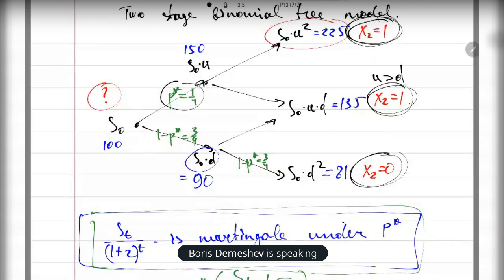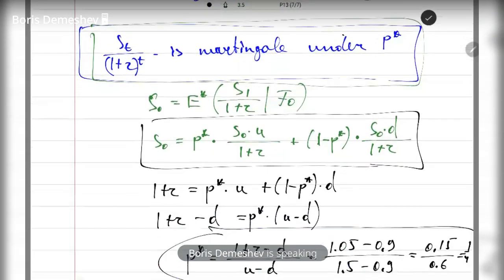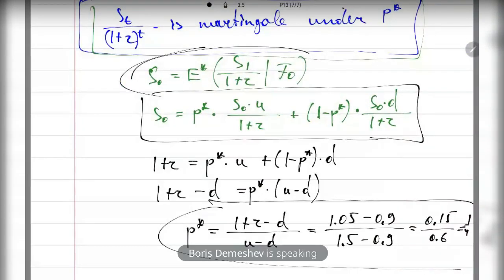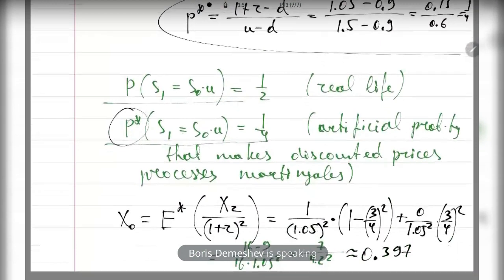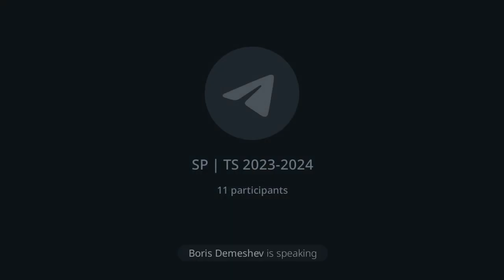We calculate final prices of an asset, and we calculate the discounted price of any European type asset at time moment 0. Okay, any questions?